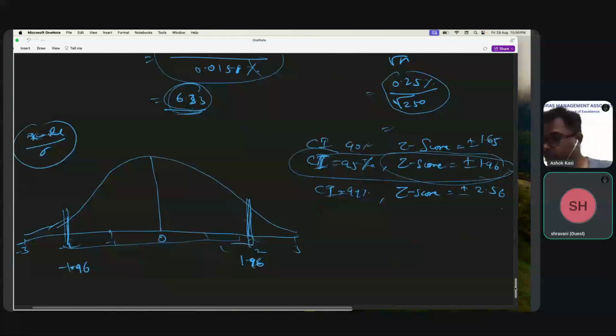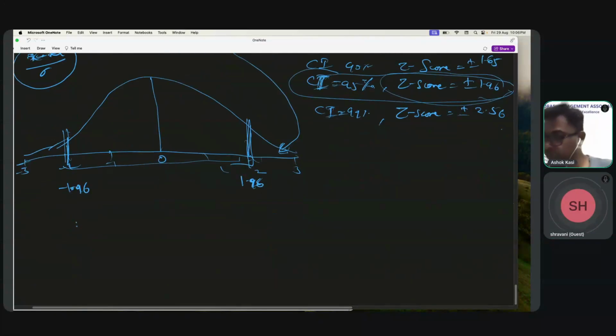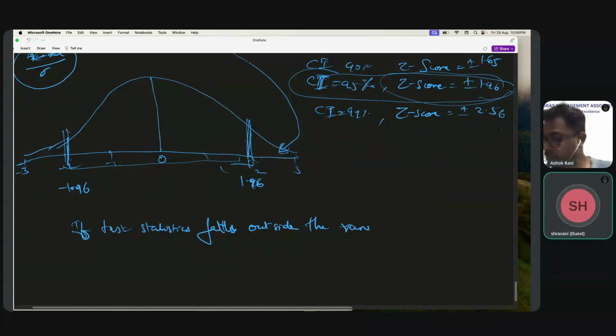Because this z-score is falling outside the range, we will reject the null hypothesis. If the test statistic falls outside the range, we will reject the null hypothesis.